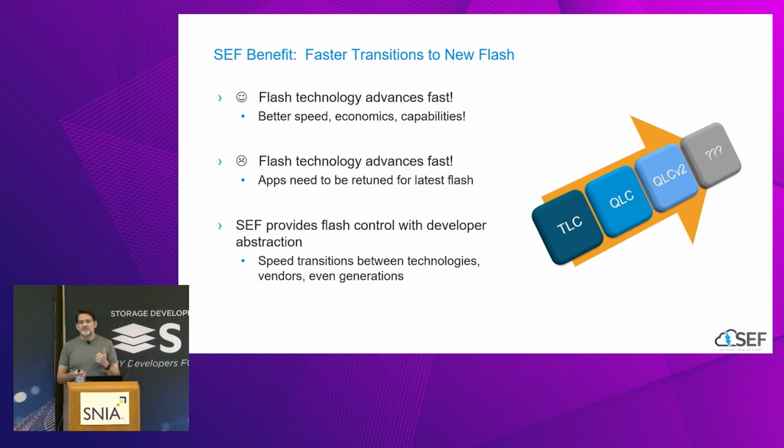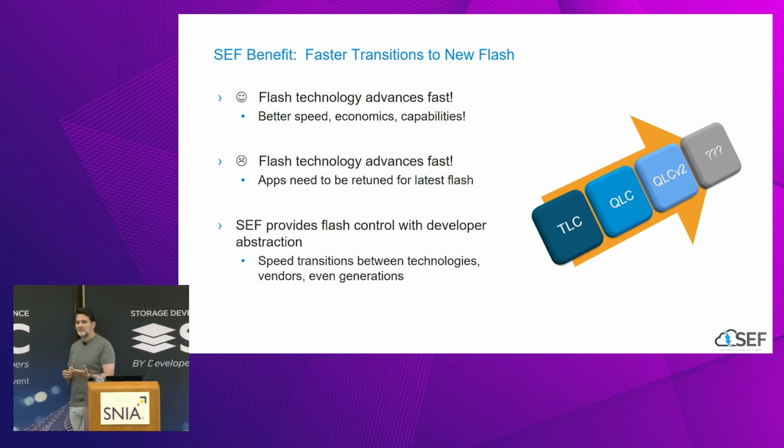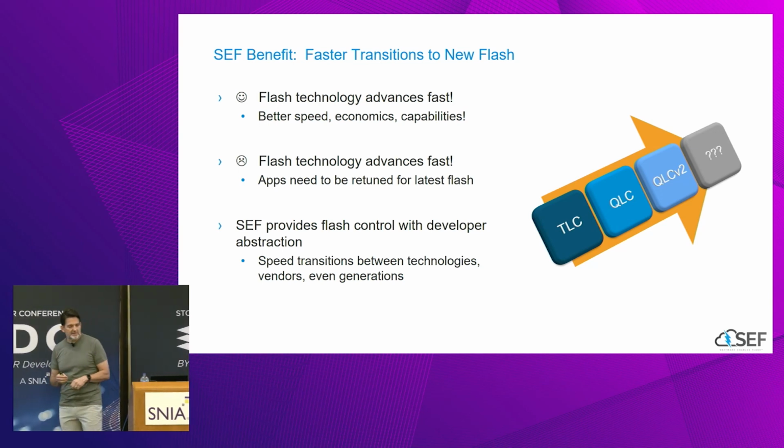When I talked about abstracting away the generational differences, I know, as I've talked with key people at hyperscalers, the number one competitive thing that they want is to be able to transition from one generation to the next as fast as possible. Obviously, the more bit density, the better it is for them.